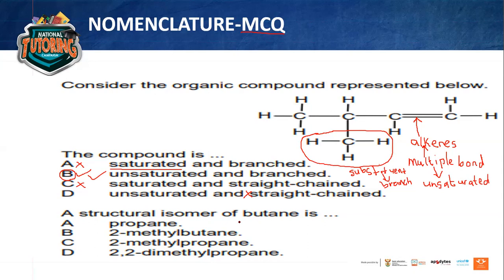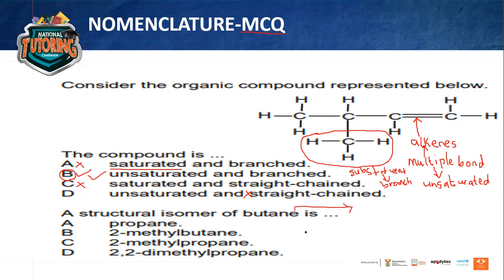Now, we need to remember what a structural isomer is. Those are organic molecules with the same molecular formula, but different structural formula. So the molecular formula must be the same. Before we can even work with this question, we need to know what the molecular formula of butane is.